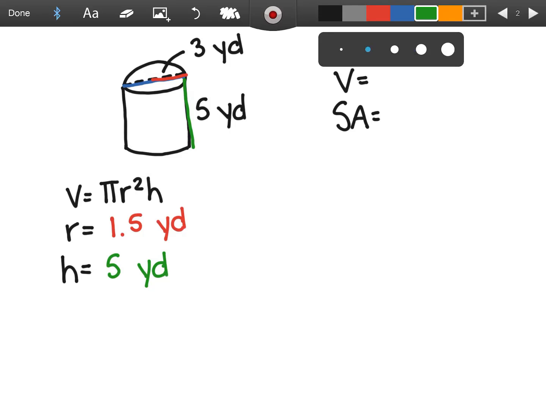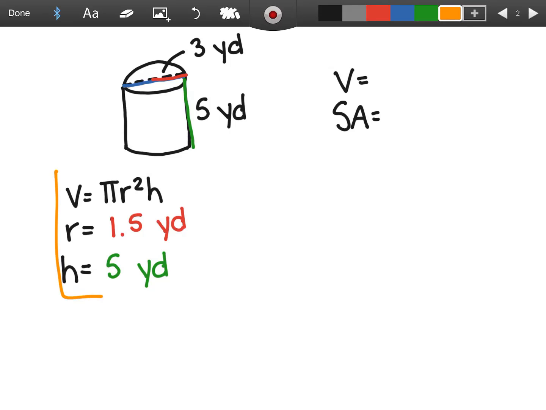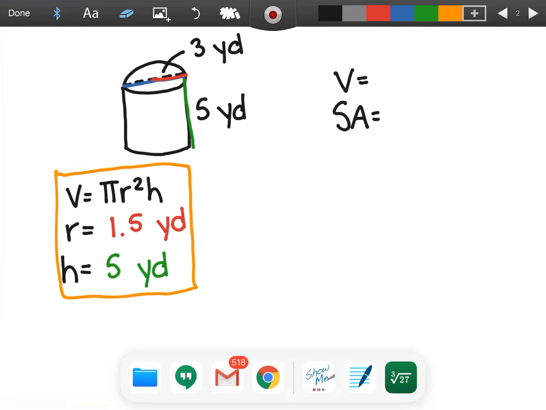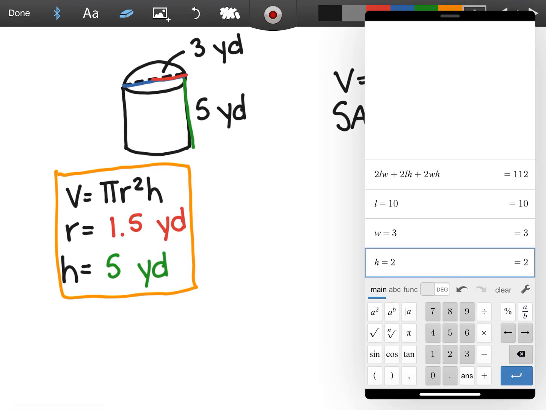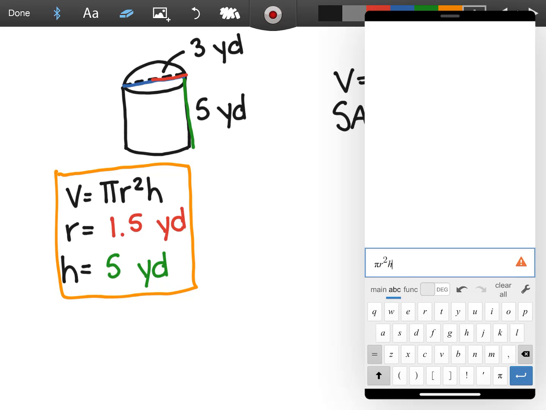So we follow the same protocol and we put this information into Desmos and it will tell us the volume. Now because we are using pi, we are going to get an irrational answer. So for this exercise, we are going to round to the hundredths place. So we start by typing in our expression, remembering not to put in the v equals, and we say pi times r squared h, hit enter.